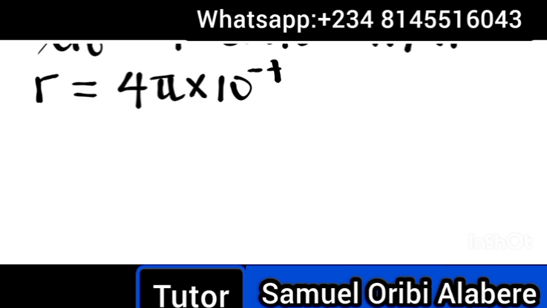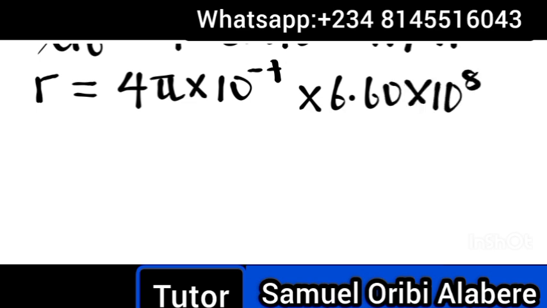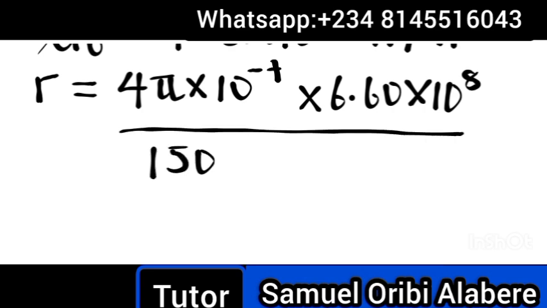This is the permeability of free space, times 6.60 times 10 raised to the power of 8, which is the current, all over 150 Tesla, which is the magnitude of the magnetic field, times 2 pi. So to simplify this, pi will cancel out pi, and then 4 divided by 2 will give us 2.